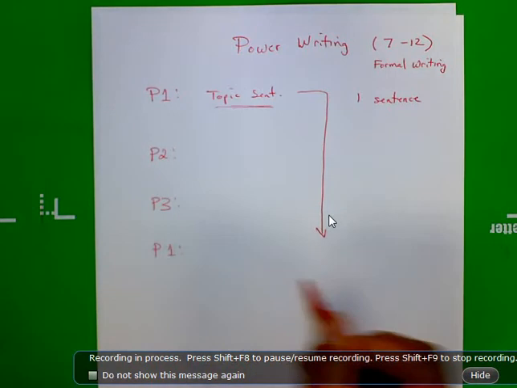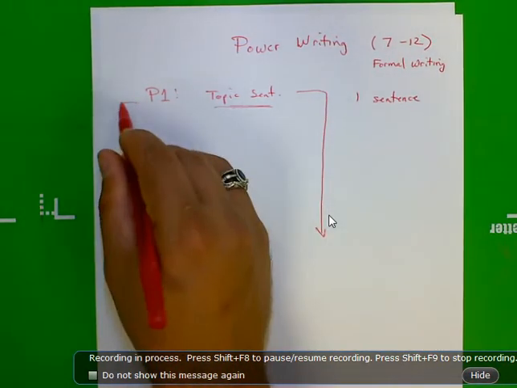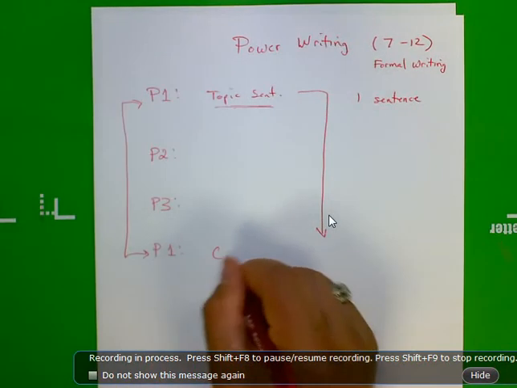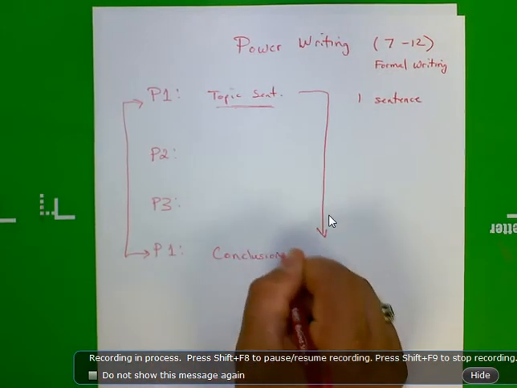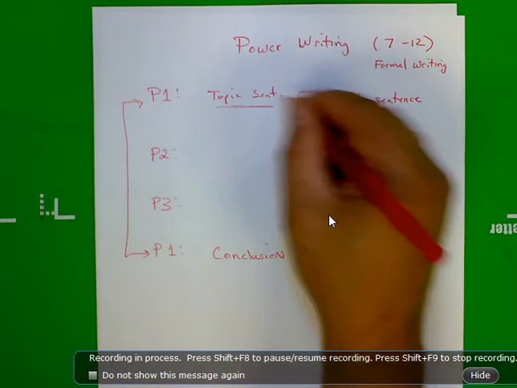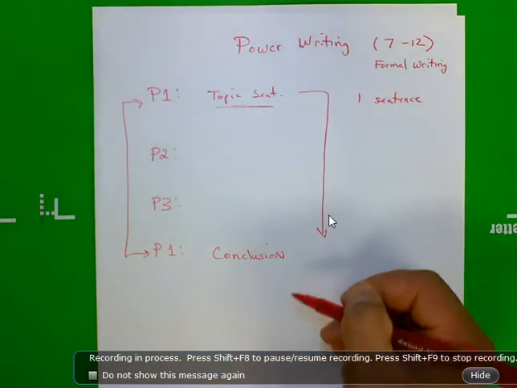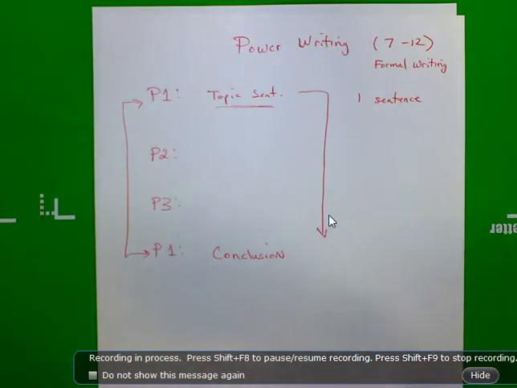This is helpful because we have two P1s. The second one is a conclusion. And essentially what we have is a beginning and an ending. Now, a conclusion should naturally bring your paper to an end. We don't want to just write the end.